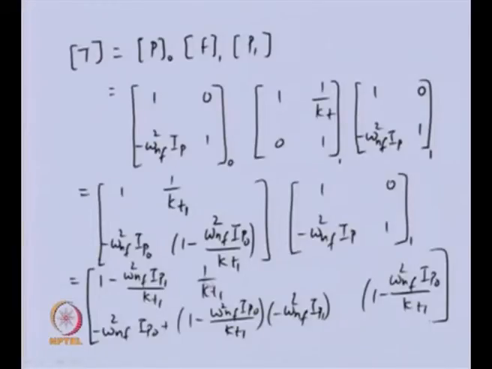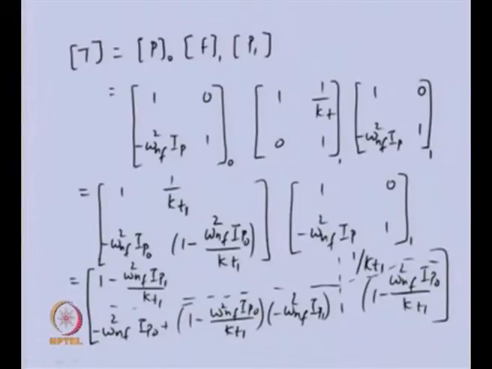Basically we can shift this here so that it is more clear, 1 by KT1. So we have a 2 by 2 matrix. This is the separation of the matrix.